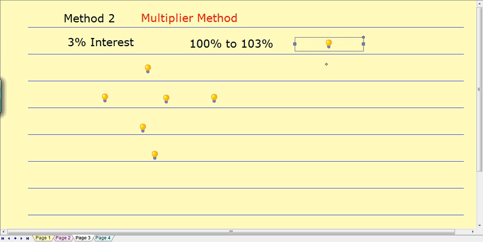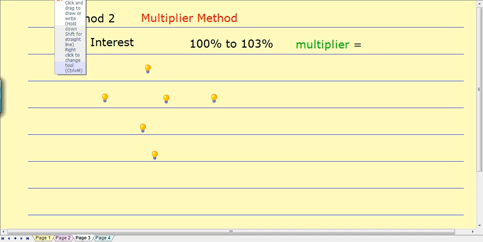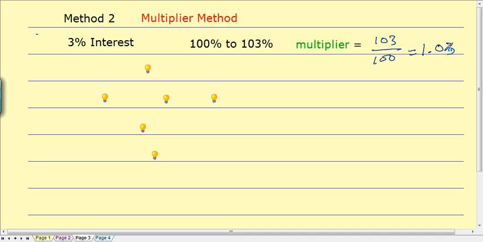So that means a multiplier of 103 over 100. We've gone to 103 from 100, which gives us a multiplier of 1.03. So the first thing you have to do in the multiplier method is obtain the multiplier. And if it's an interest, an appreciation, a growth, that multiplier is going to be 1 point whatever percent you've grown by.